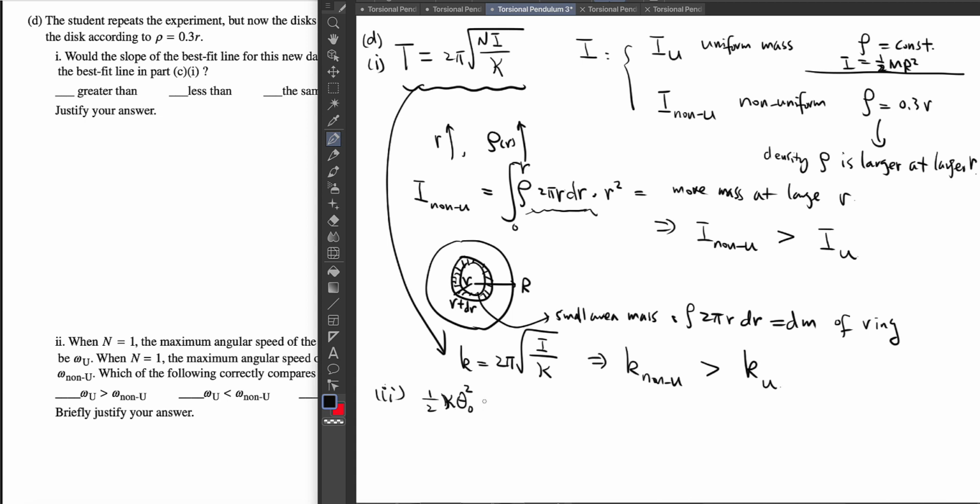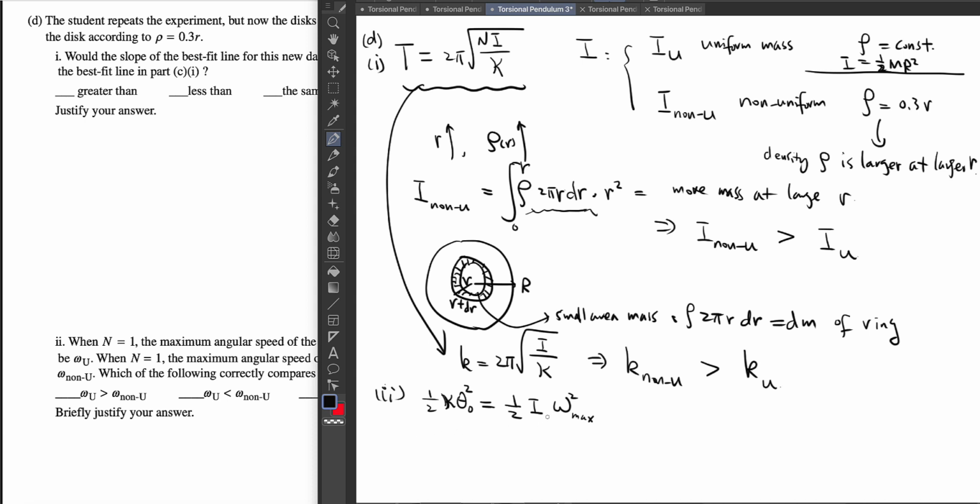At the equilibrium position we have the maximum omega, the maximum kinetic energy for the rotating disk, where there's no potential energy.